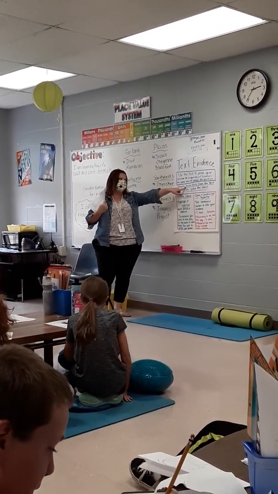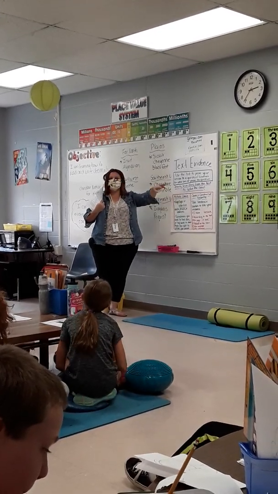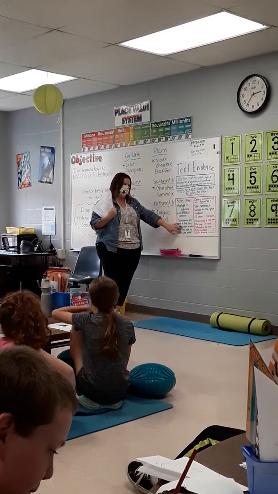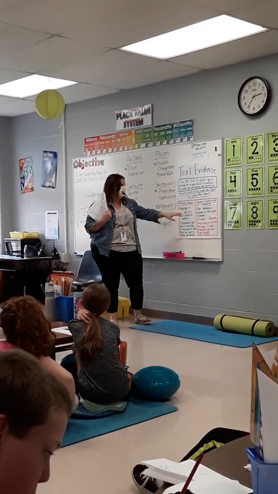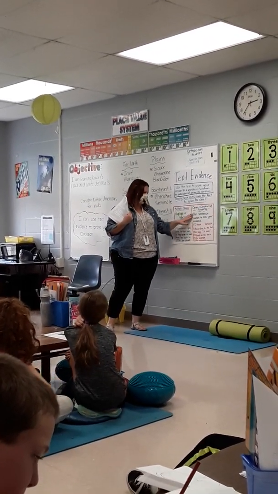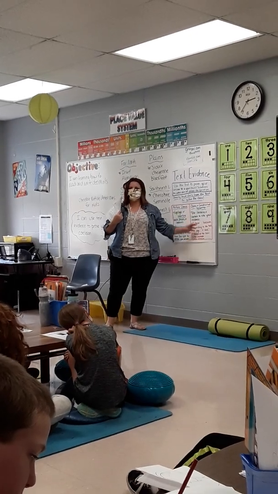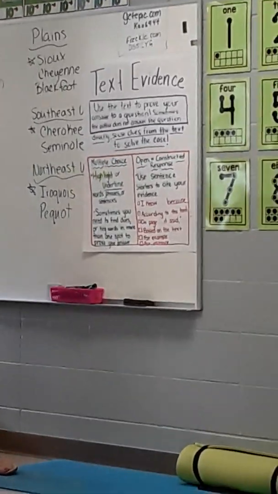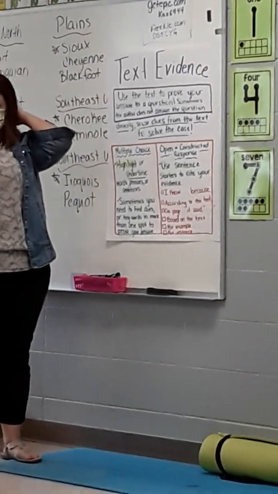And that goes with this part. Because sometimes the answer's not directly in one spot. You have to read several things in order to get your answer. Then we have the open and constructed response. What can you do to make sure you write a sentence correctly? Yeah?